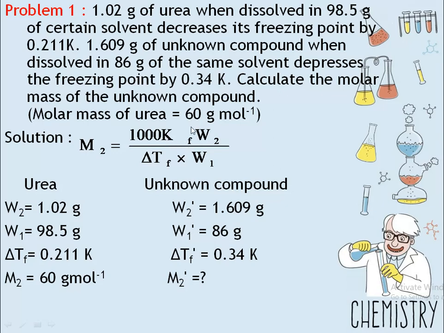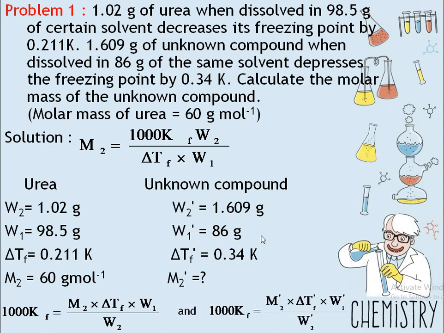Using this formula, we don't have the value of Kf, and Kf is a constant we know, and 1000 is also a constant. So we can rewrite this formula as 1000 Kf is equal to M2 into delta Tf into W1 divided by W2 for urea, and for the unknown compound similarly we can write 1000 Kf is equal to M2 dash into delta Tf dash into W1 dash divided by W2 dash.